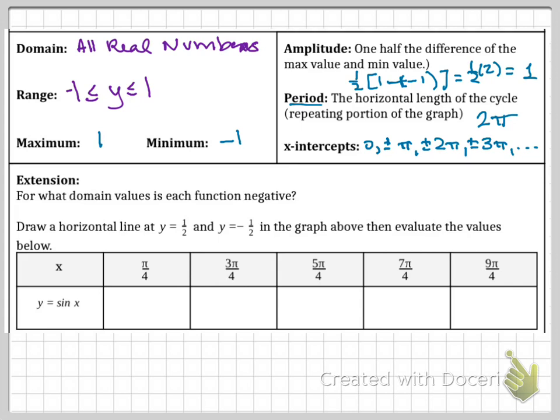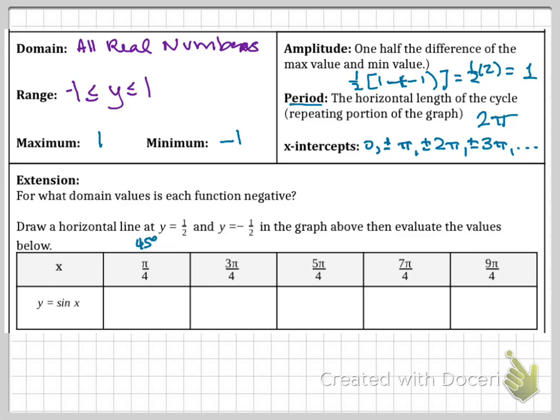So we'll look at, for what domain values is each function negative? So we look at these values, pi over 4 is 45 degrees. And these other points here, notice that there's 4 underneath, they're all multiples of the 45 degrees.